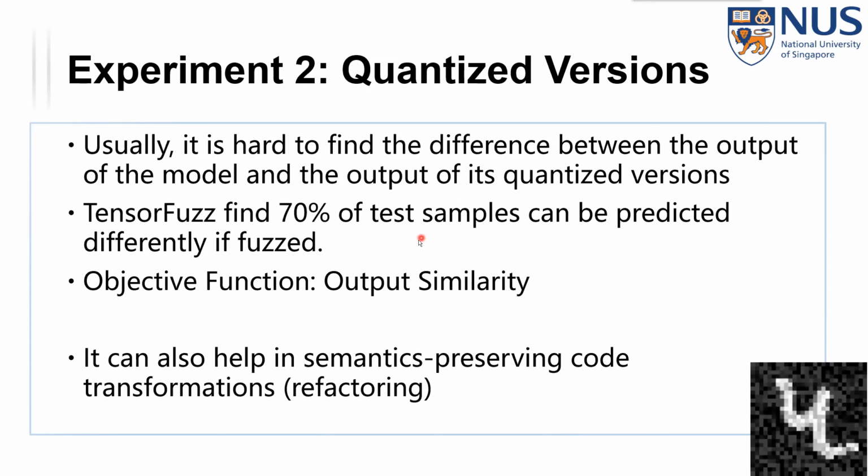So for example, if I choose some of the samples as an input corpus and then fuzz, around 70% of them are able to find a fuzzed version that will cause different predictions. The objective function is just the output similarity.